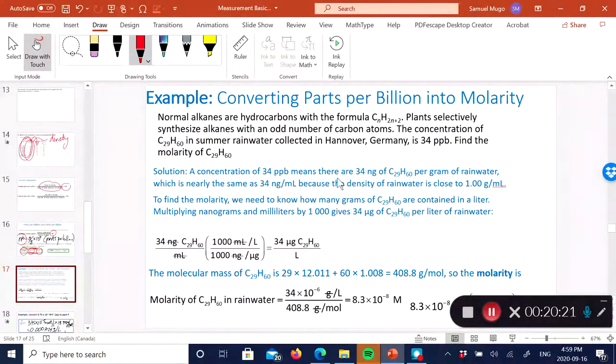Knowing the definition of parts per billion as nanograms per mL, or micrograms per liter, so 34 micrograms per liter, all I need to do is divide the micrograms per liter by the molar mass of the hydrocarbon, in this case 408.8 grams per mole. The grams cancel out, and so the answer is going to be in moles per liter, which is molarity. So take note of the conversions between parts per billion and moles per liter.